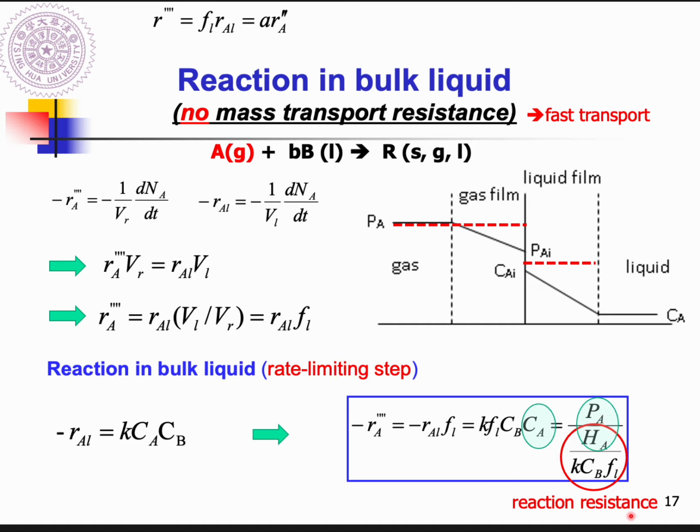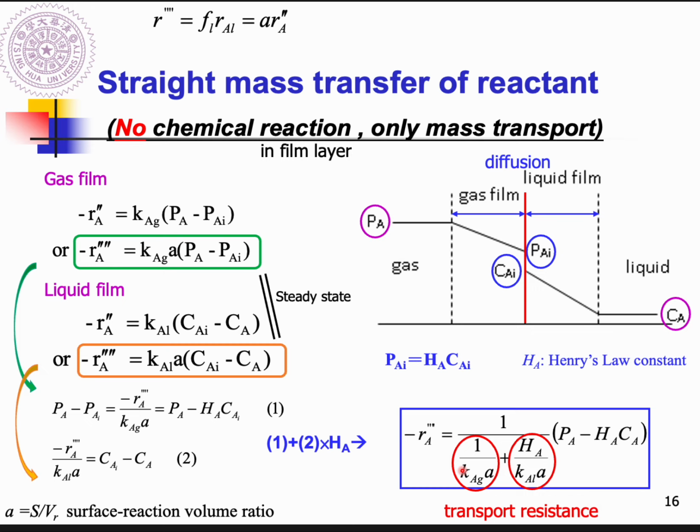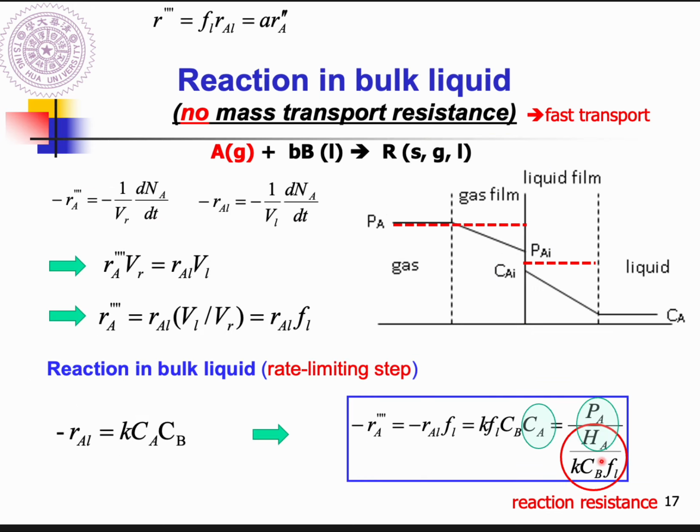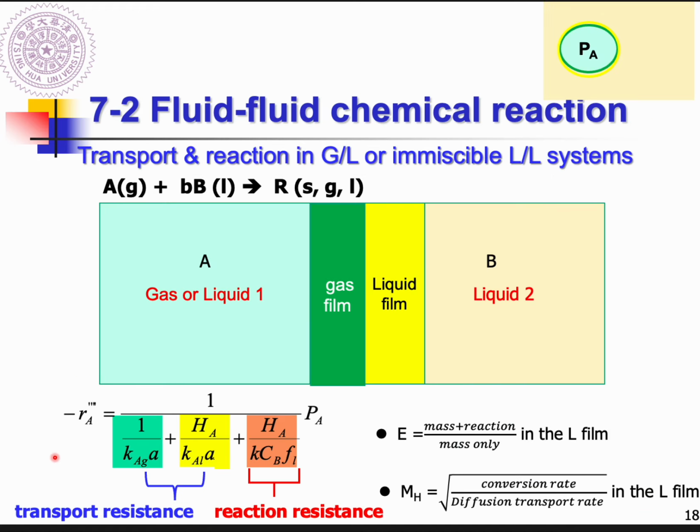So when you try to combine the two results, I have transport resistance 1, 2 in gas feed, liquid feed, and also reactions. So I can directly get these results. This is the driving force, the partial pressure of reactant A, and the transport resistance in gas feed, liquid feed, and also this is the reaction resistance.